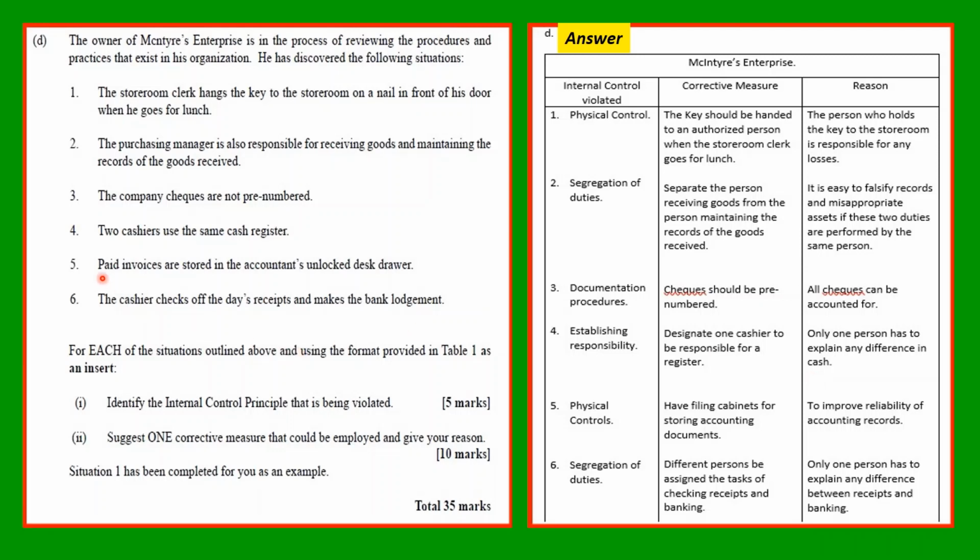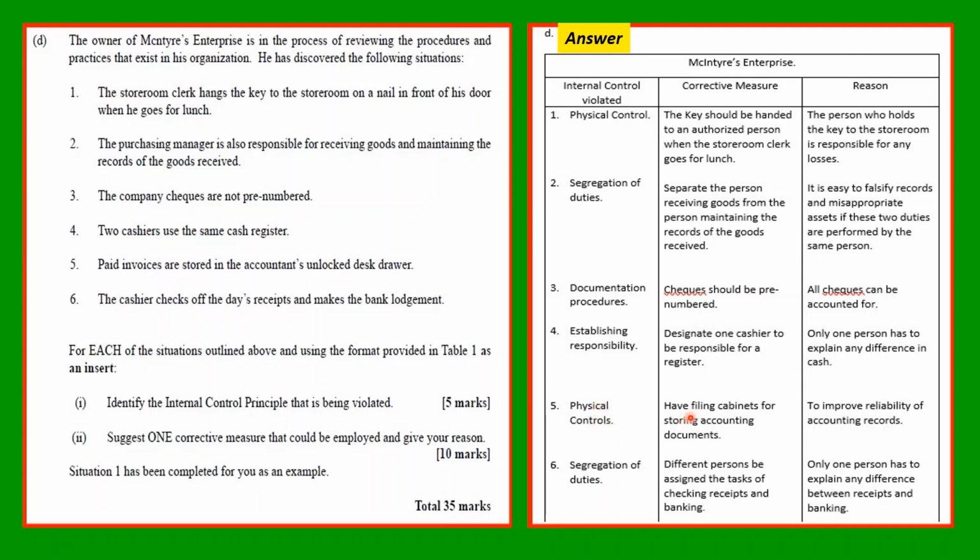Number 5, paid invoices are stored in the accountant's unlocked desk drawers. Okay, notice it is unlocked. He doesn't lock his drawer. Again, you have physical controls. There's a physical desk with a physical lock in it that he could easily lock. All right. You should not have them there in the first place too.